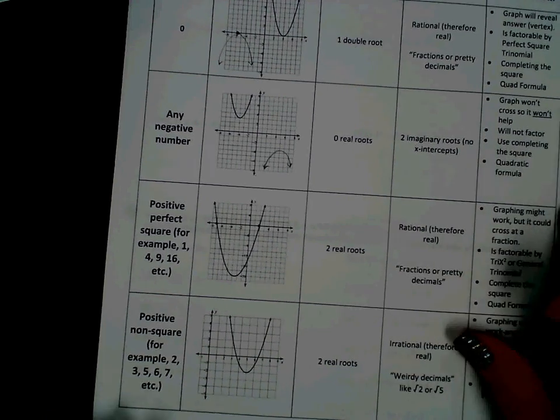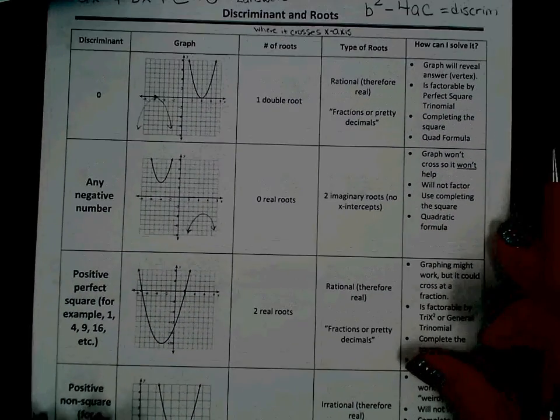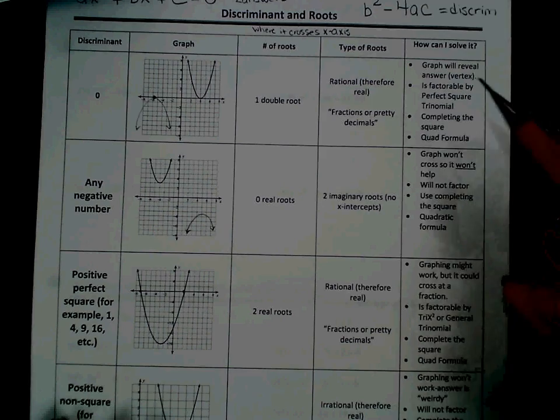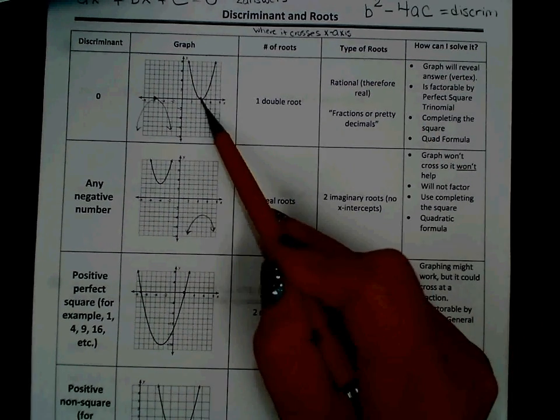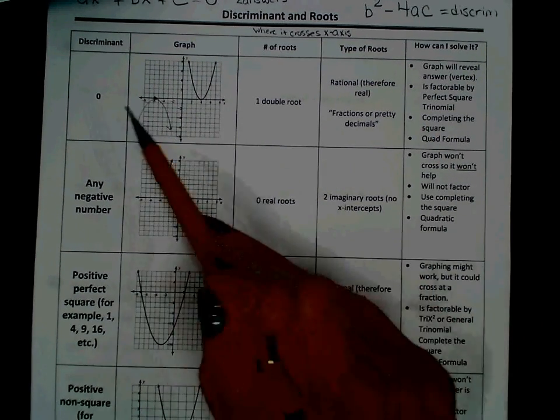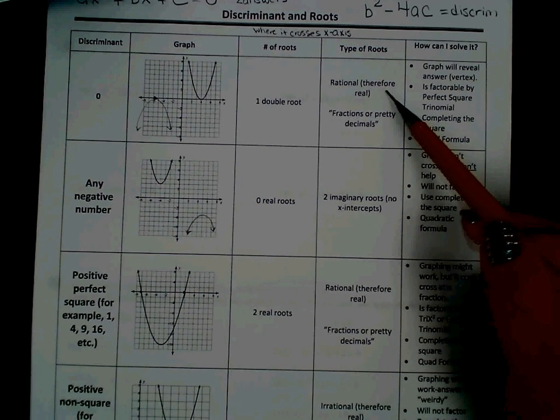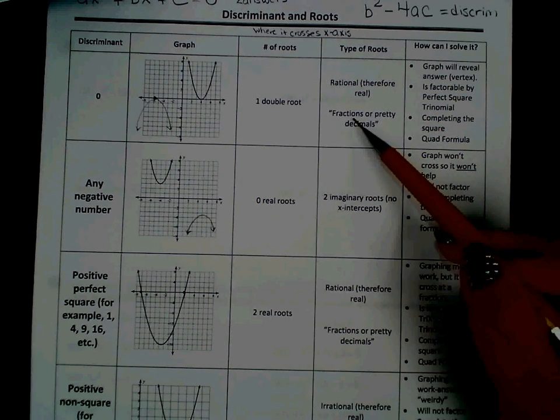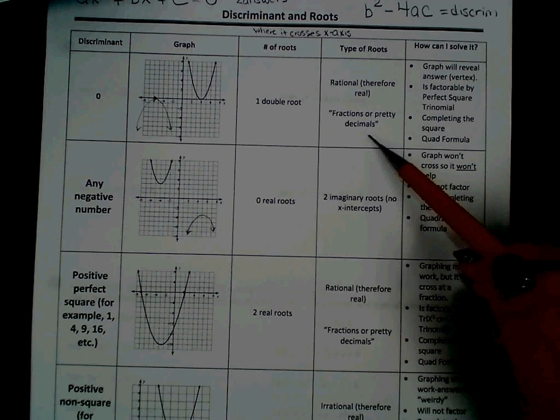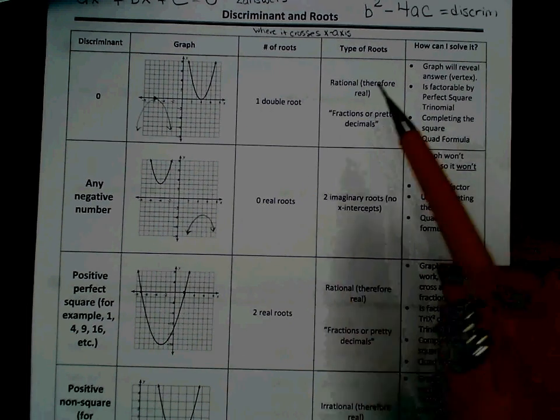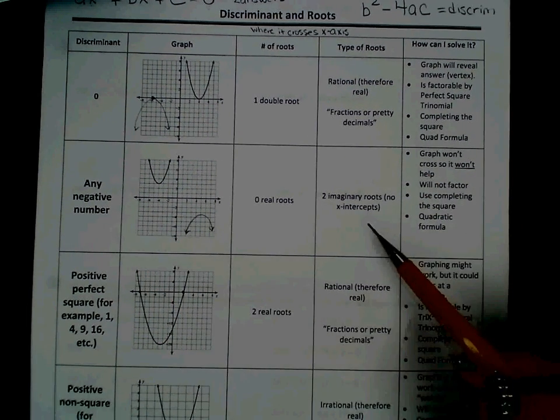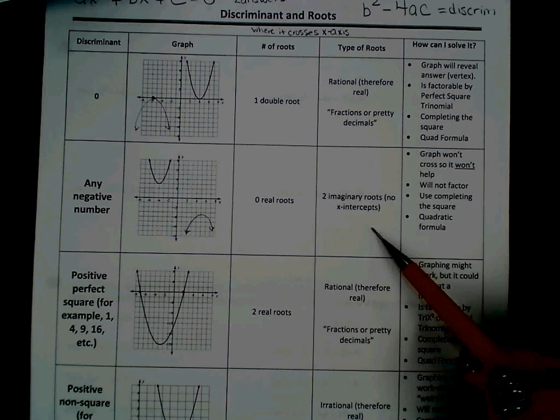Now, the type of roots. If the discriminant is 0 and it just touches the x-axis, it's guaranteed to be a rational number, a fraction or a pretty decimal, like 0.1. If it's negative, your answers are imaginary, meaning they're not real.